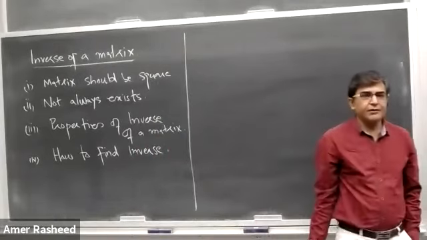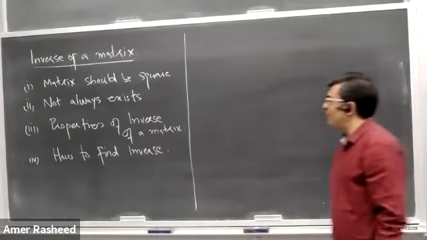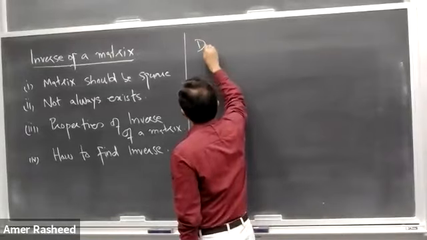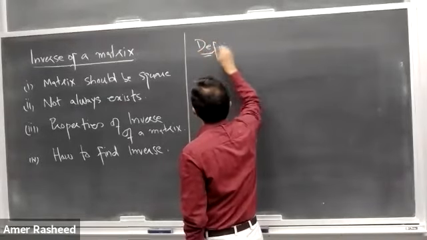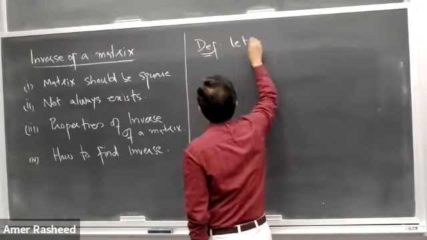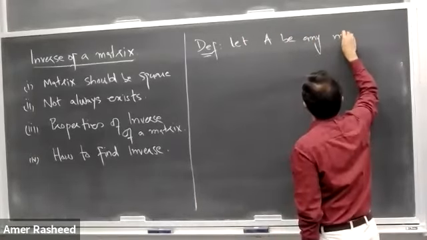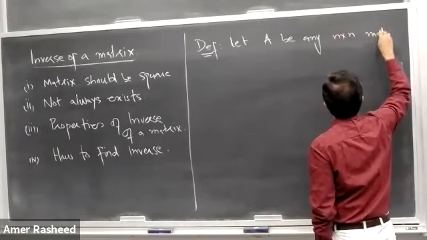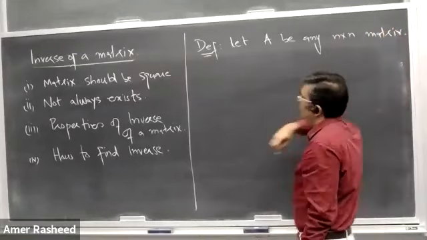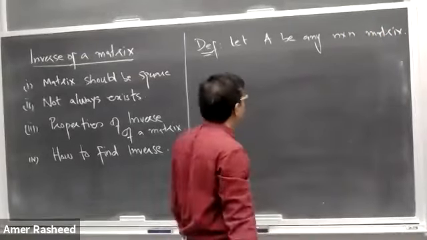By definition, this was the definition we discussed last time. Let A be any n cross n matrix. An n cross n matrix is a square matrix.